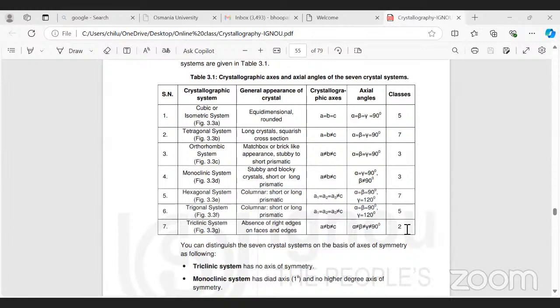The cubic system or isometric system is divided into five classes. The general appearance of crystals you can see here on the table.